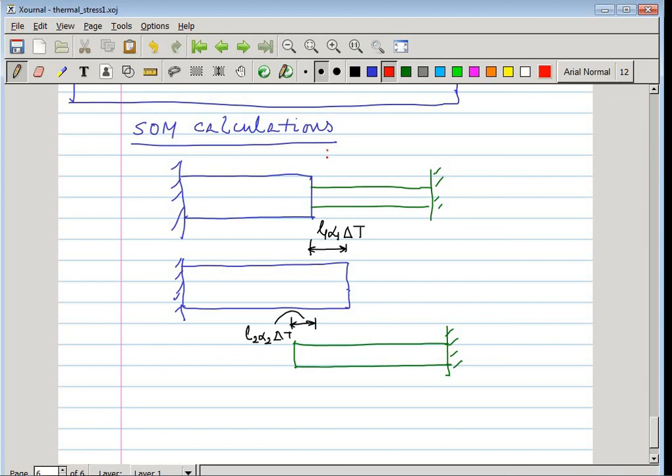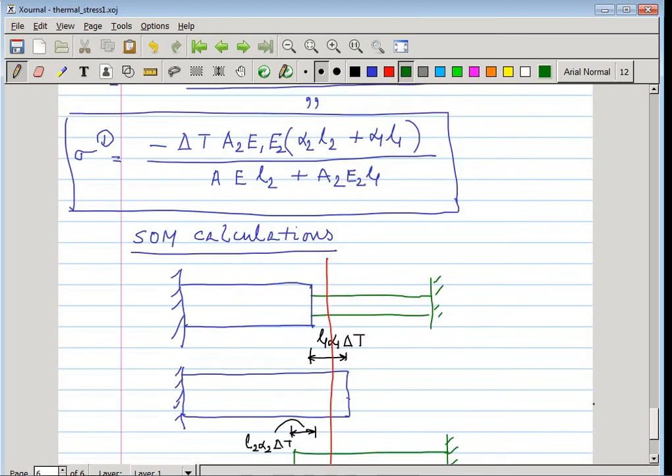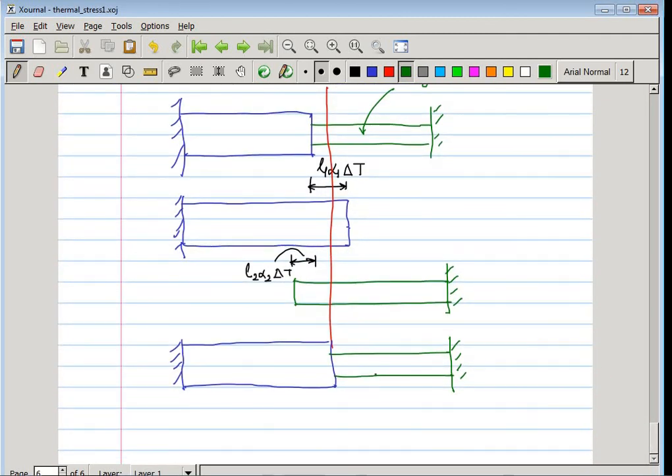Say this is the final position. That means finally the blue one is here and the green one is here, so this is before the temperature increment is applied, and this is after.